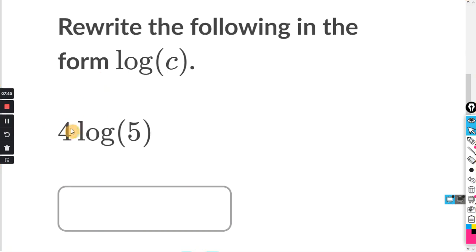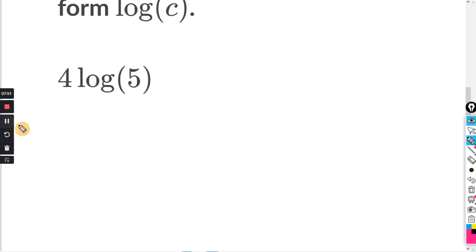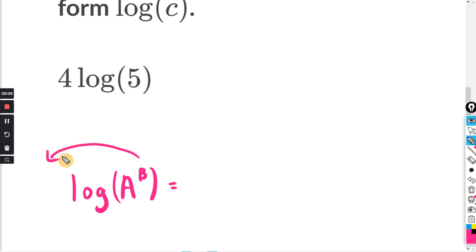All right, they want us to rewrite this in the form of the log of one number. So for this one, we're going to use the power rule. Okay, if you have the log of a to the power of b, you can take the exponent and move it to the front. So that's equivalent to b times the log of a.